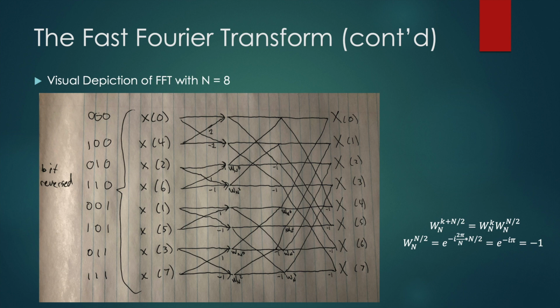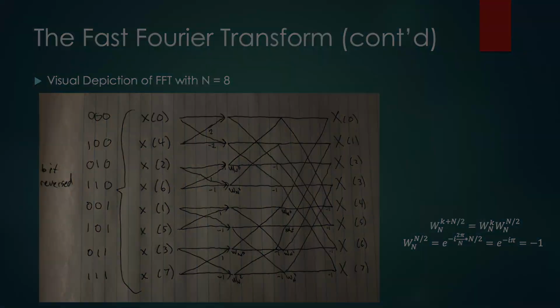And so you only do half the complex multiplies and then use subtraction where you have your k's greater than N over 2. So that's why I only use Wn to the 0 and Wn to the 2 instead of Wn to the 0, 2, 4, and 6. And the same thing in the next stage. And then the result is you get your 8 different frequency bins, so your frequency domain output.